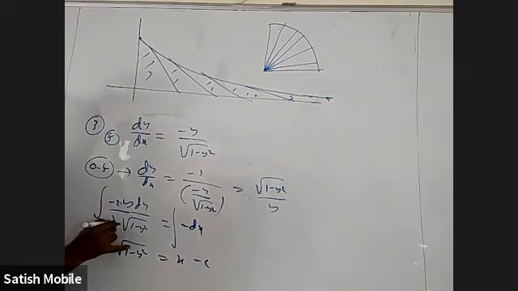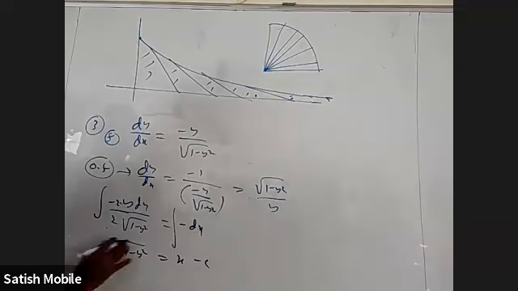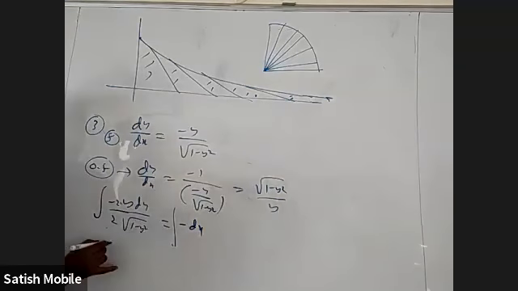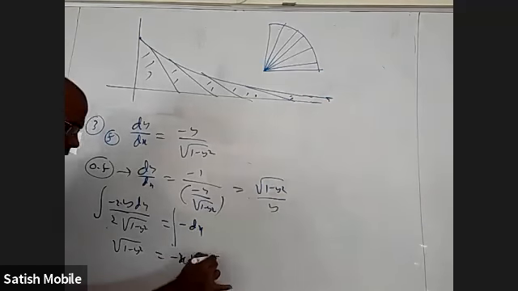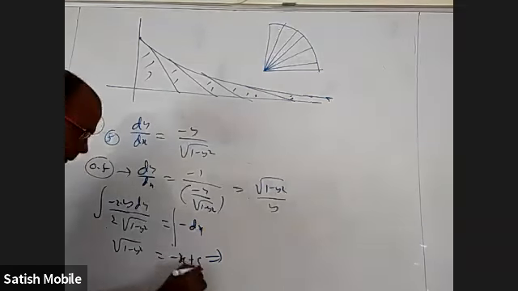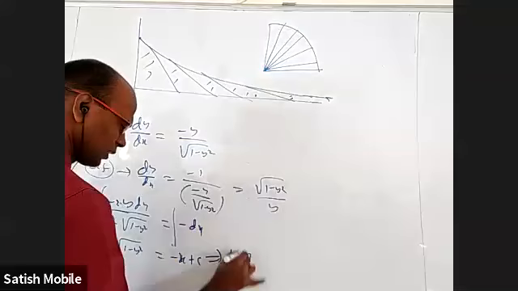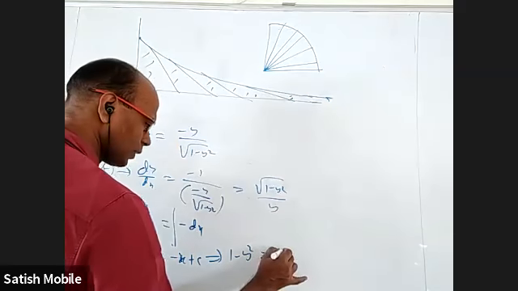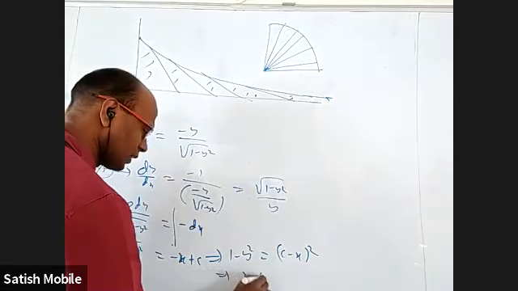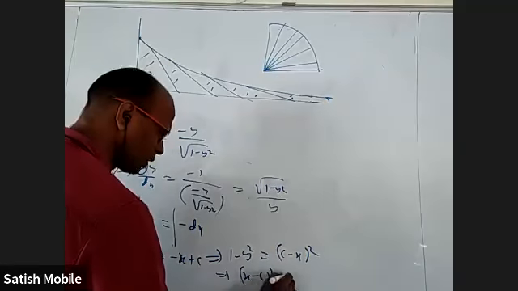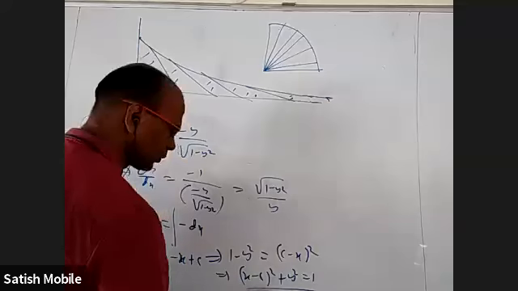Integral minus 2 here, 2 here, here minus dx. Now directly this integral is root 1 minus y square. This integral is minus x plus c. When I square it, I will get 1 minus y square is equal to (c minus x) whole square. Send that side. It is (x minus c) whole square plus y square equal to 1.